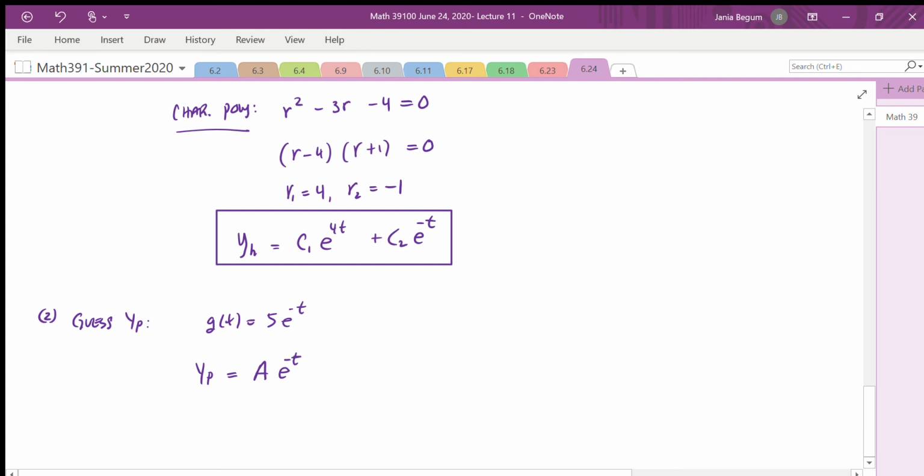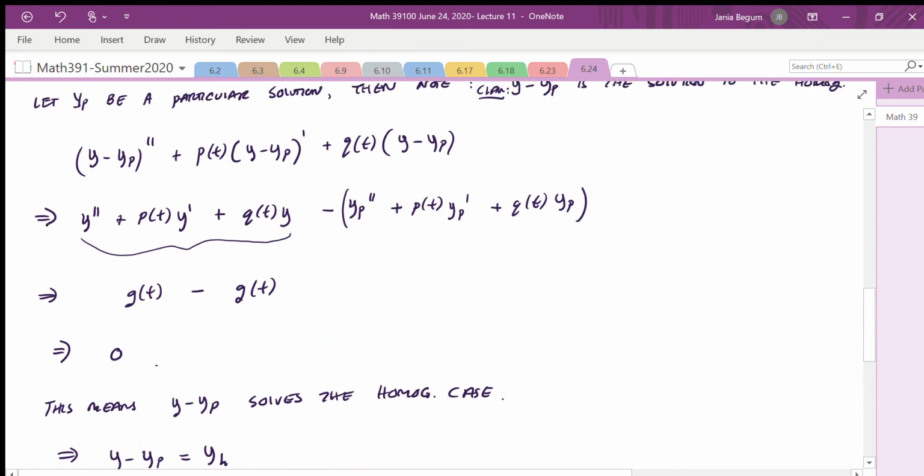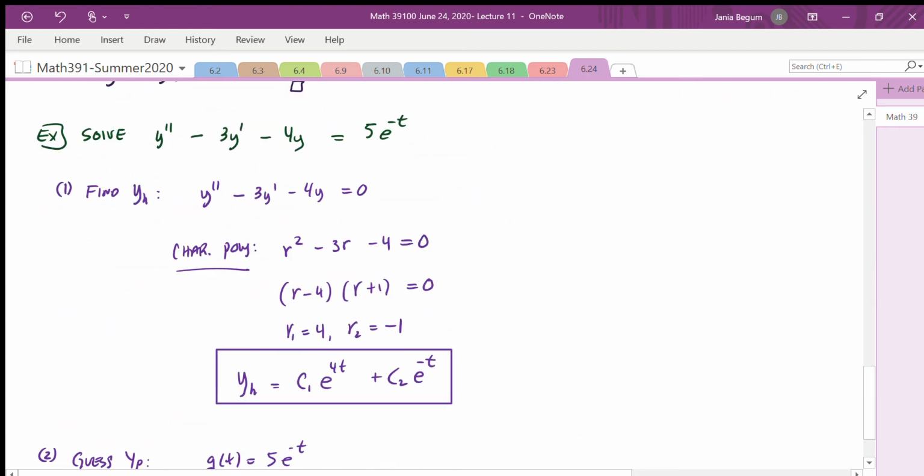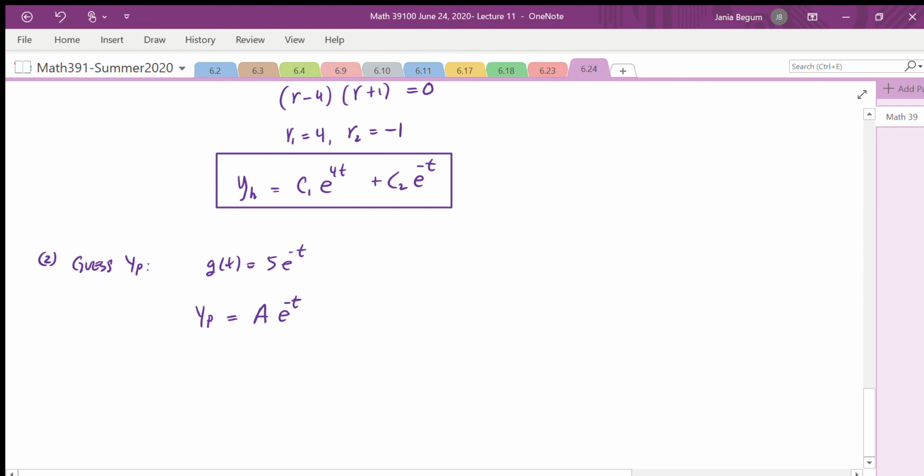But I have to make sure, here's the box I had, that yp is not the same as yh. Meaning, whatever you guess, make sure it doesn't appear in your homogeneous solution. Now, does this form appear in my homogeneous solution?